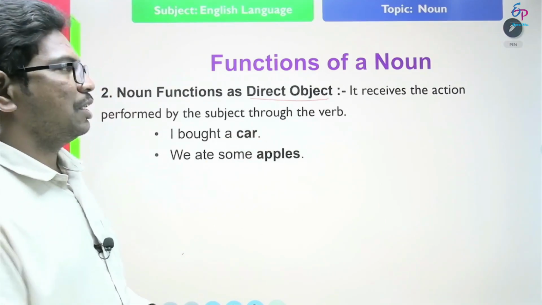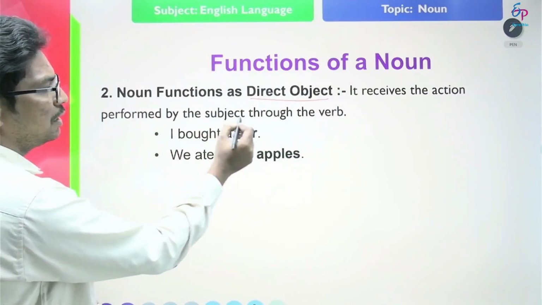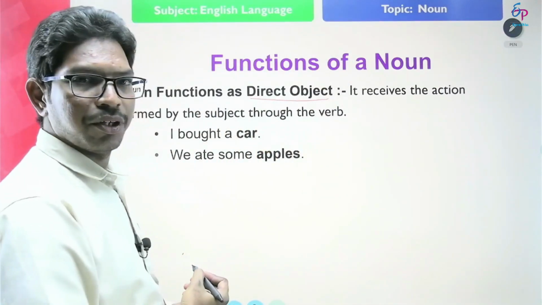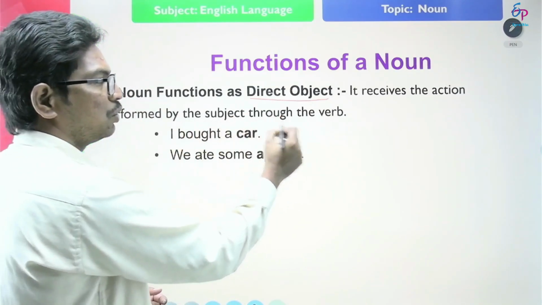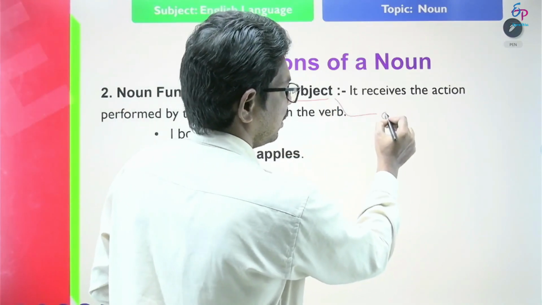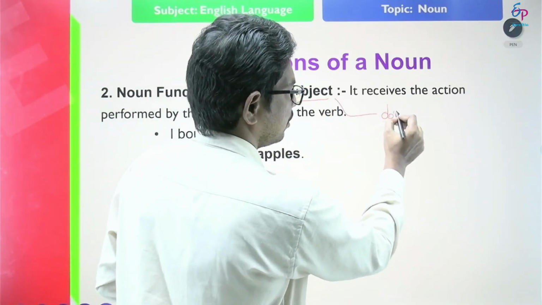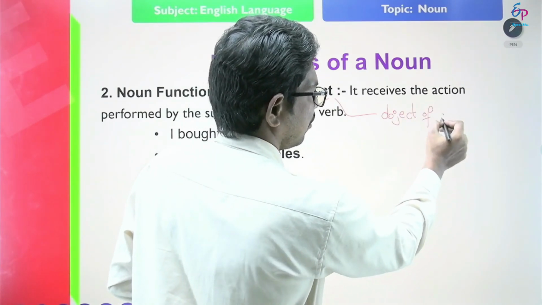Direct object means it receives the action performed by the subject through the verb. Direct object is always called object of a verb.